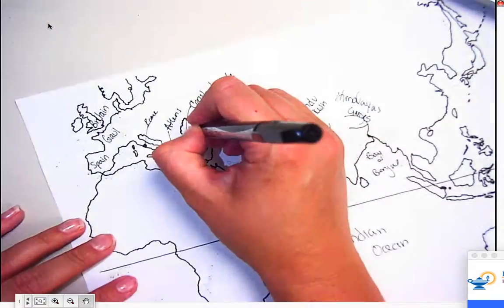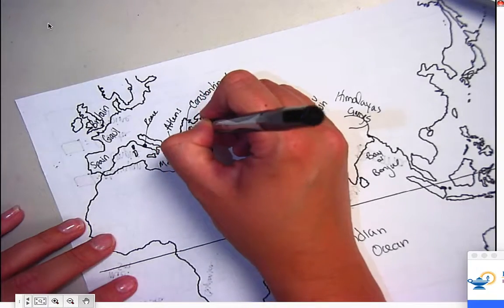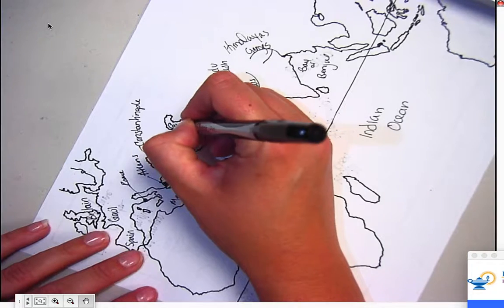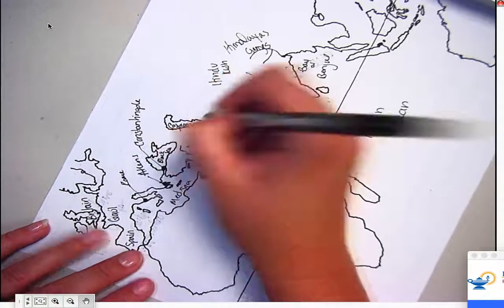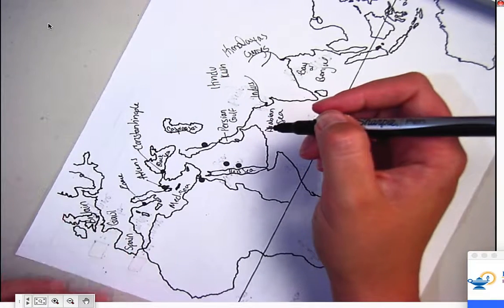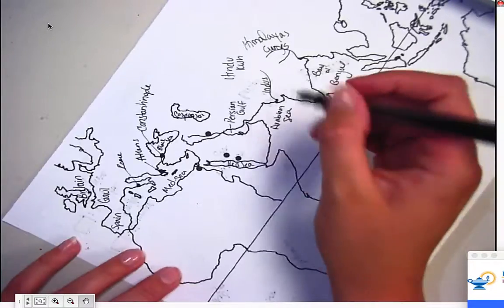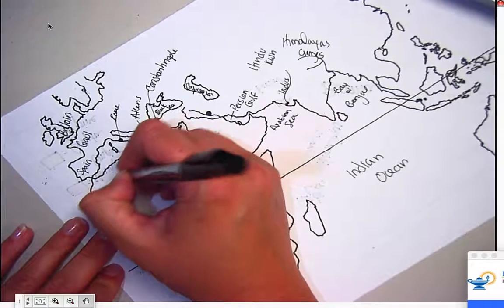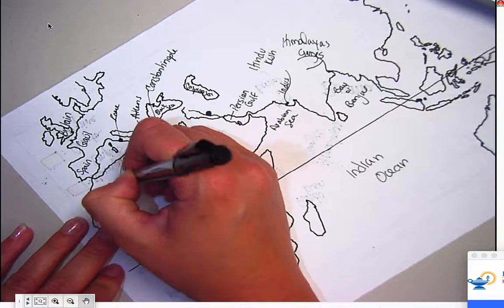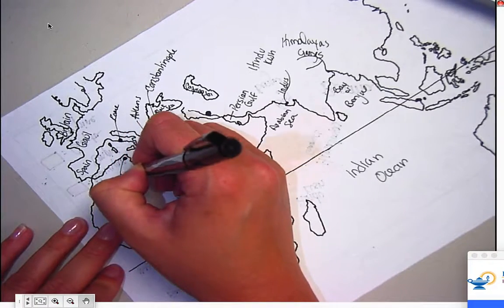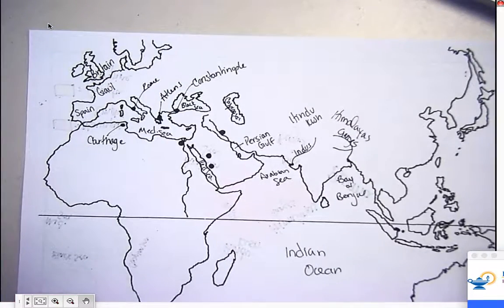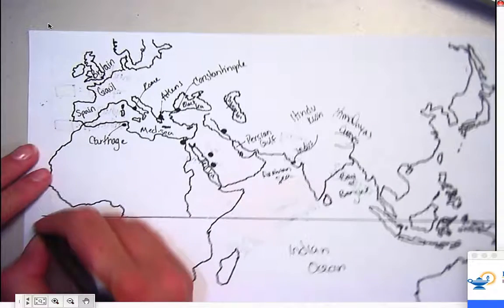Right here you have the Black Sea. Then you have the Caspian Sea. Then you have Carthage, which is right over here. Oh, and then you need 5 boxes.